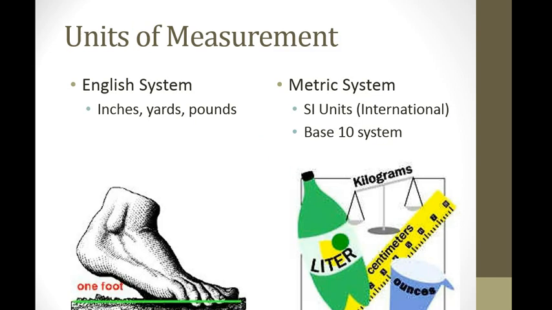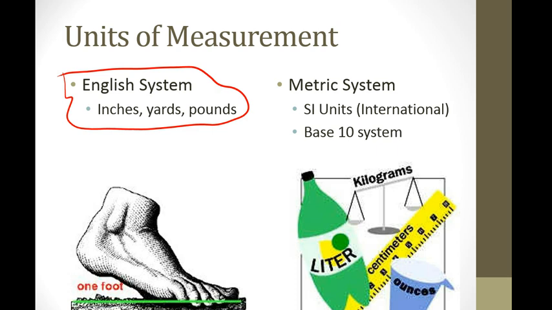Now, units of measurement, most of us are very familiar with the English system over here. The English system is where we have inches, yards, pounds, miles would be another one that's not on there. This is the system that is commonly used in the United States, and it's pretty much used nowhere else. It is based on a series of numbers which have no obvious connection to one another.